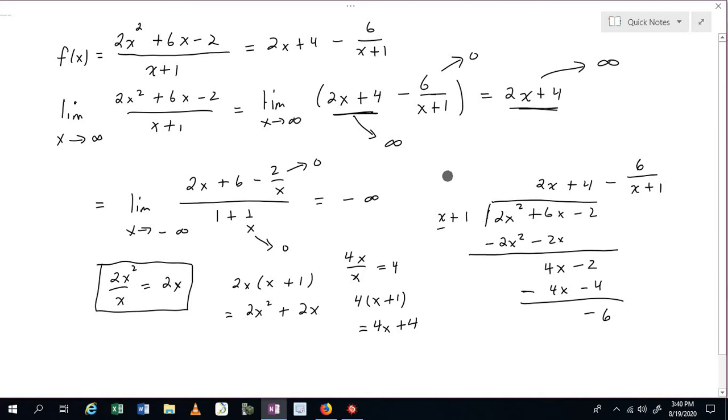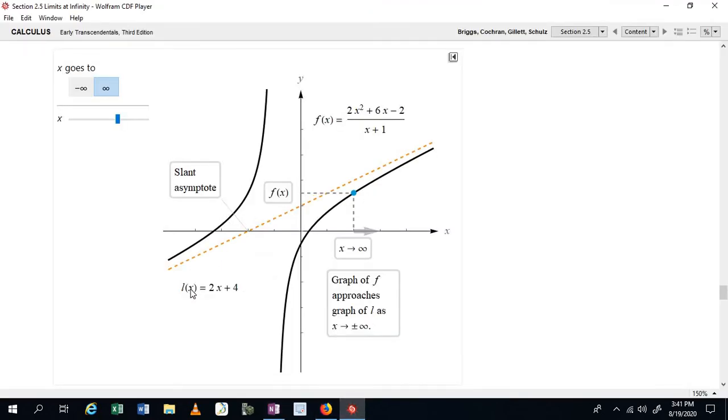Okay, so having said all that, I guess you would say as x is heading towards infinity, y is getting closer to 2x plus 4. And this is really a line, right? Y equals 2x plus 4 describes a line, and that is the slant asymptote. Okay, so going back to the graph, this line, 2x plus 4, that's the line that describes this slant asymptote.